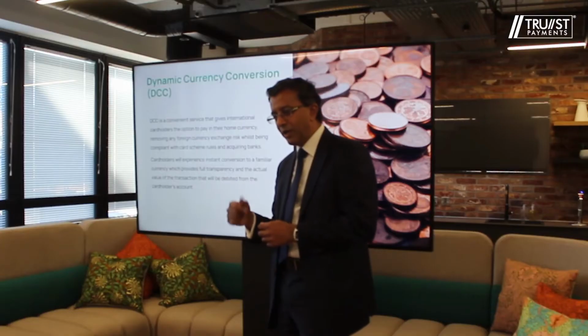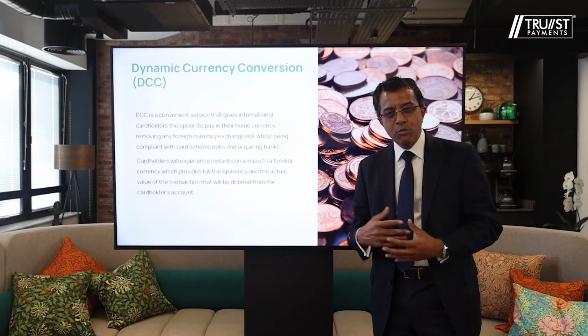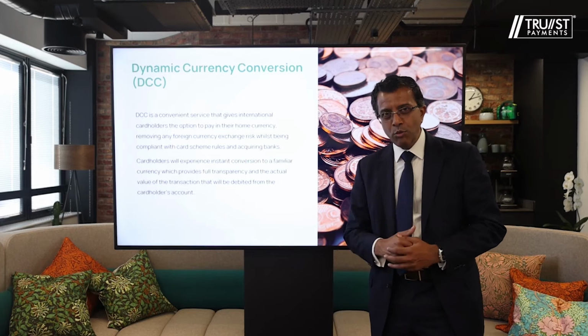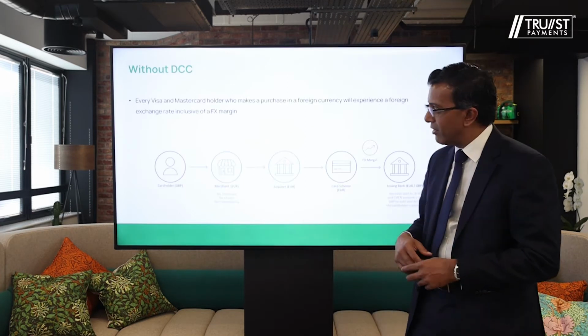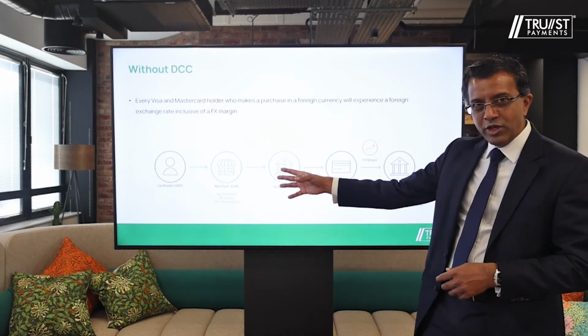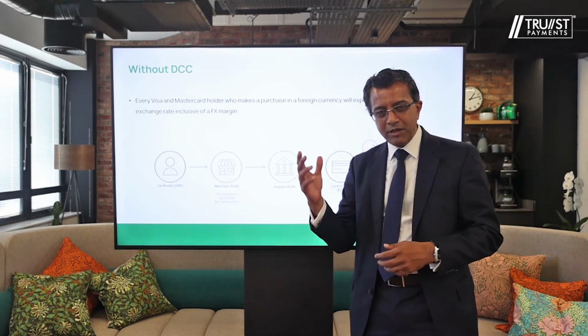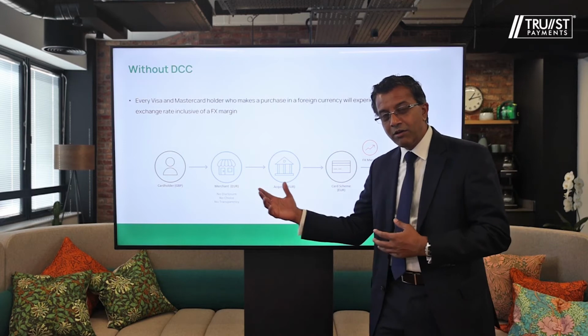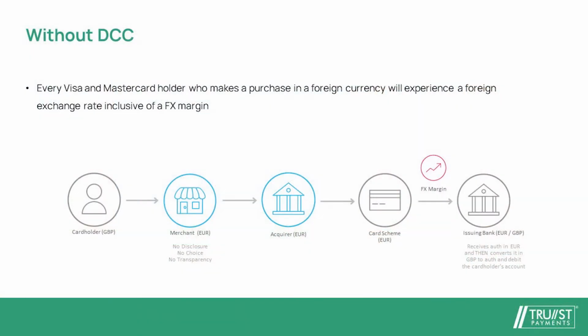So we're going to take a look at how it works, what it is, and why we would do it in the first place. So let's take a look at what it's like without dynamic currency conversion. You have a cardholder coming to the shopkeeper who's selling in euros, and the cardholder has got a sterling card.